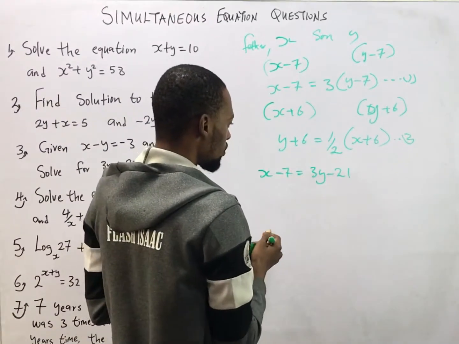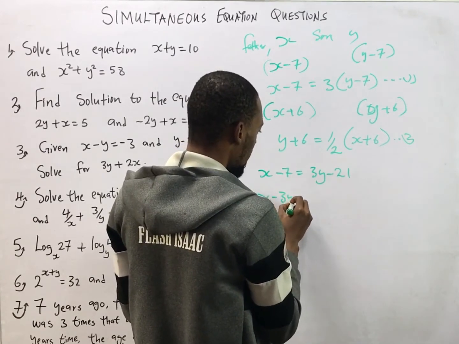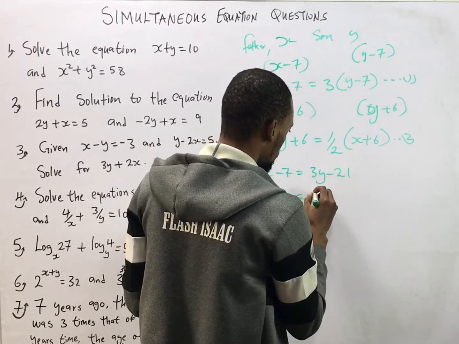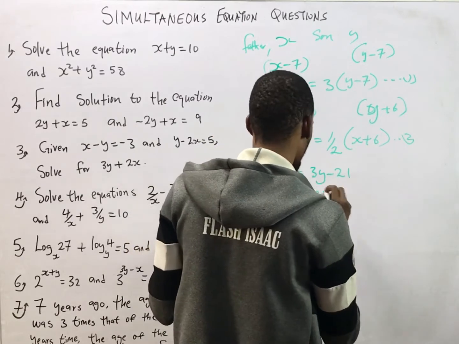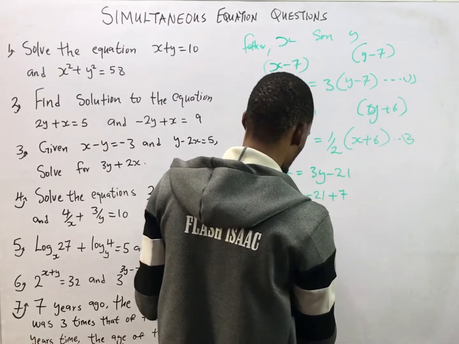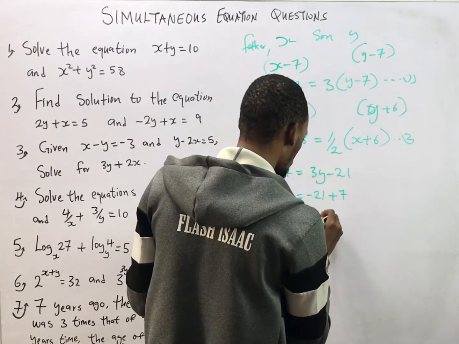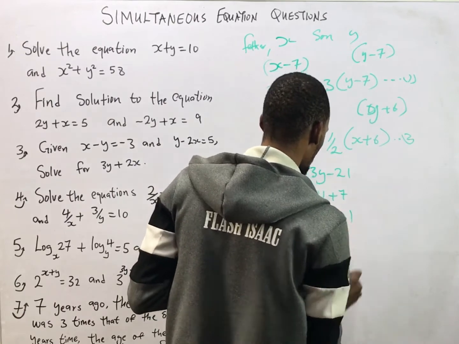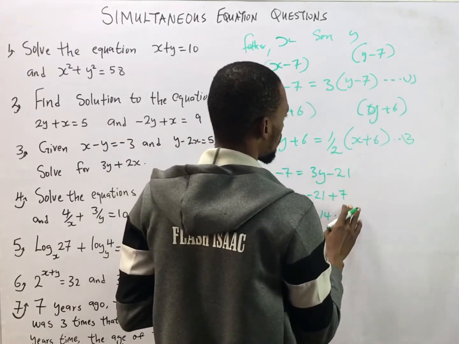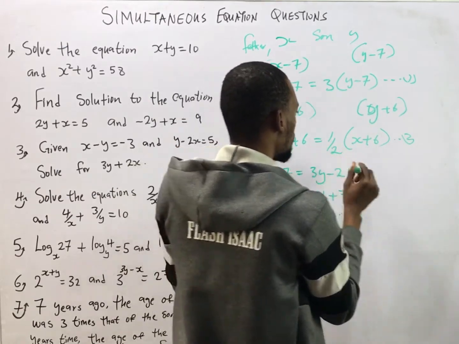So this is the same thing as s minus 3y is equal to minus 21 plus 7. This is s minus 3y is equal to minus 14, equation 3.